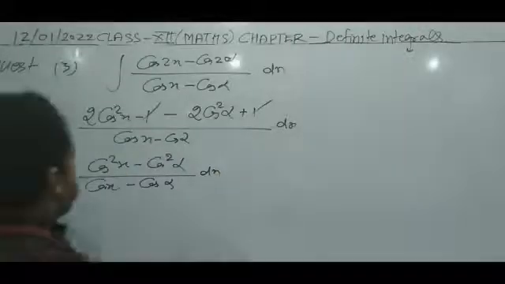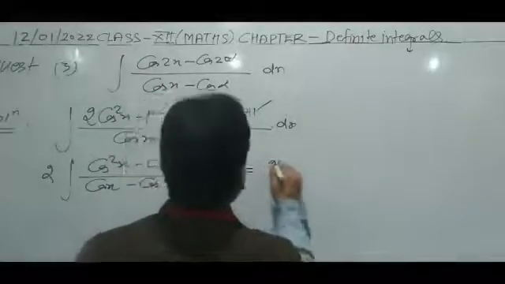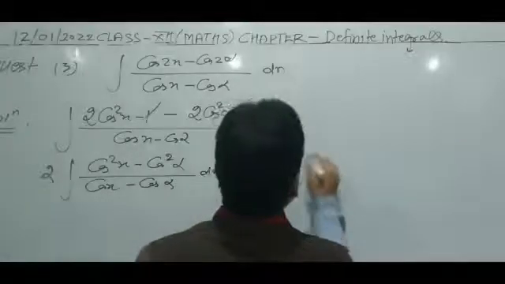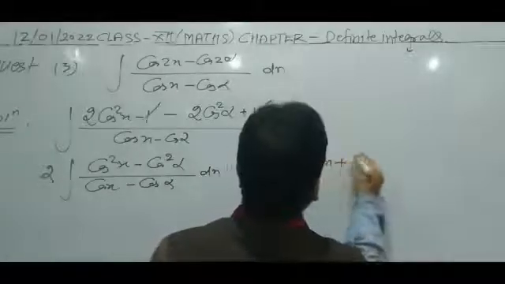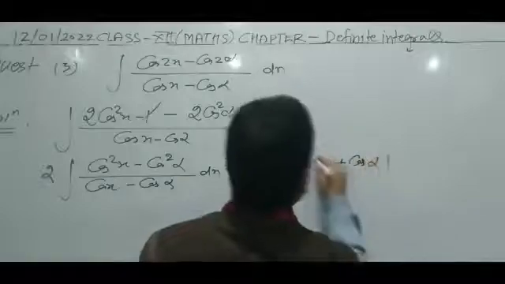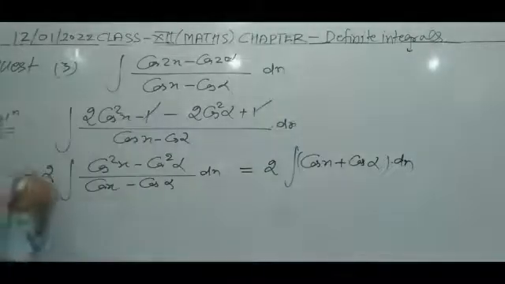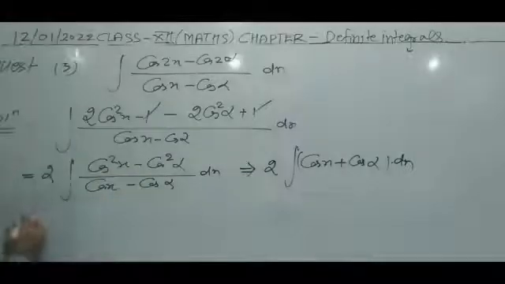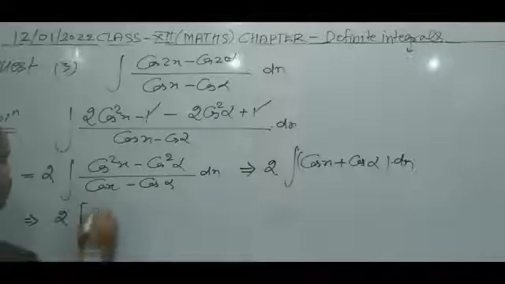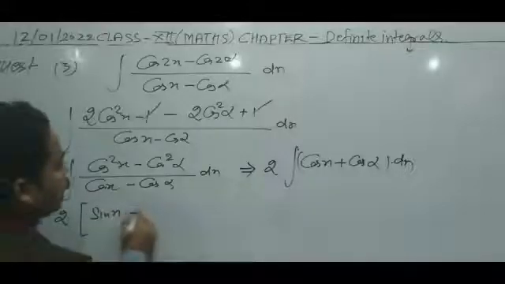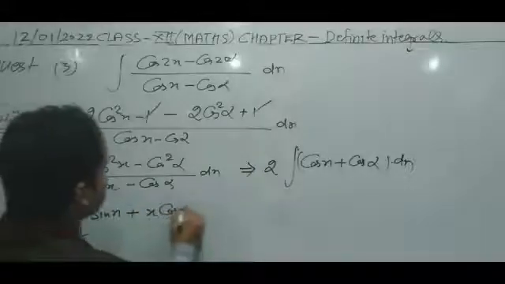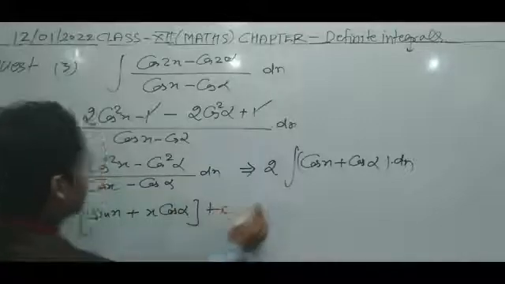So this one we can write as 2 times the integration of cos x plus cos alpha with dx, and now 2 times this result is sin x plus x times cos alpha, plus c.